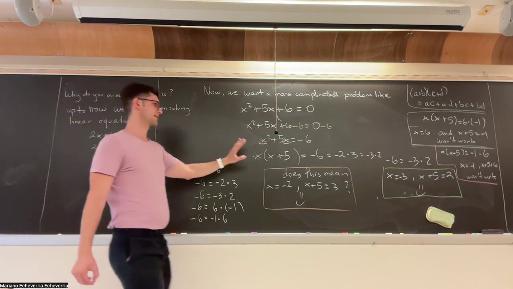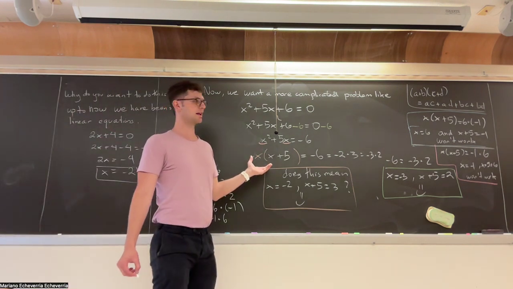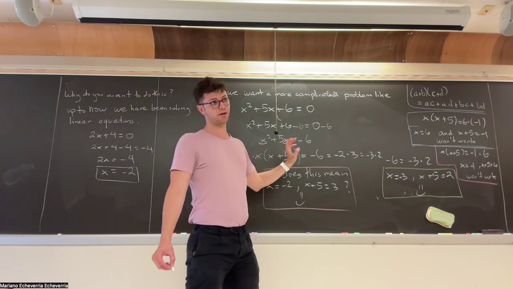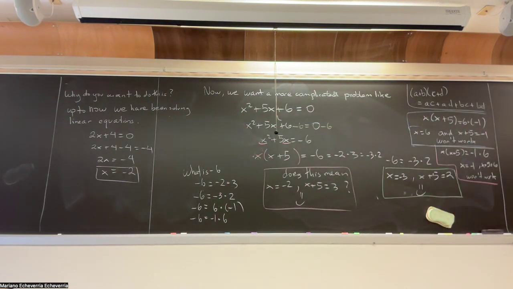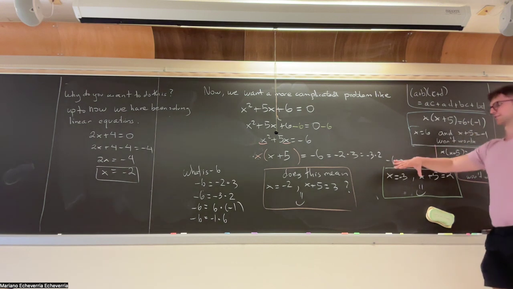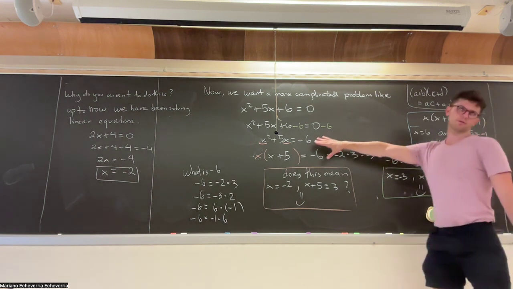Here, what I did was decompose it as a product, and I wrote -6 as a product, and I got some partially useful information from there. But if you try to set it up from this perspective, it is not as straightforward as before. So this is not what we're going to try to do.